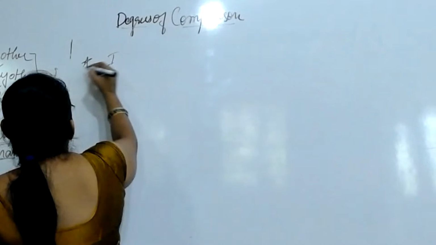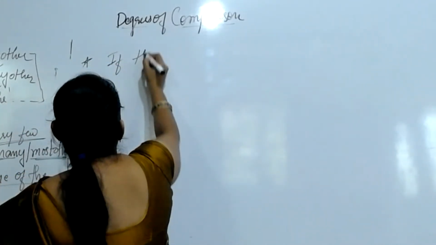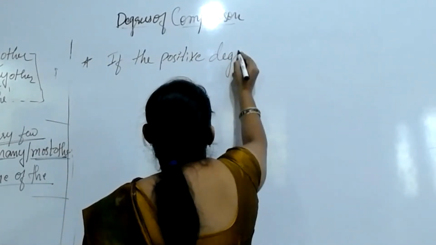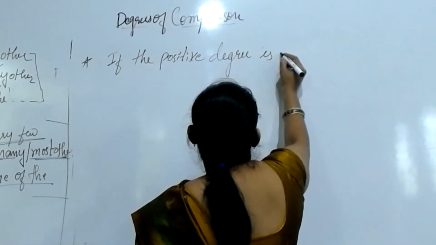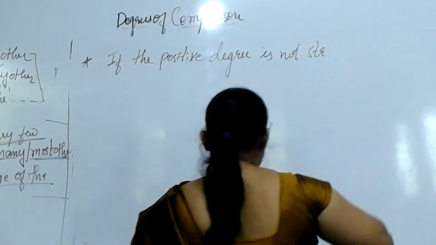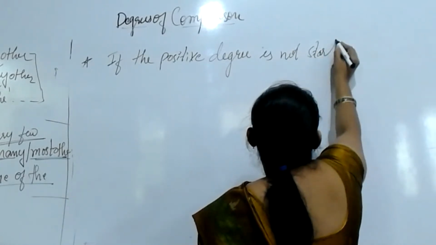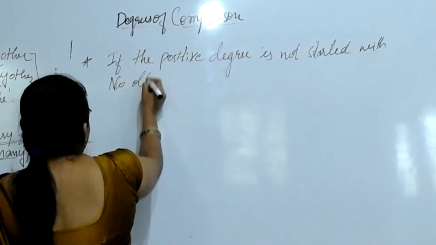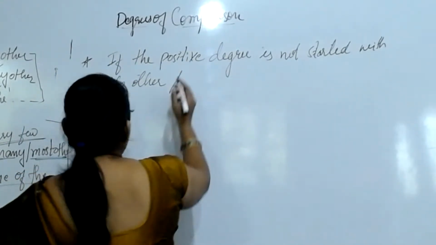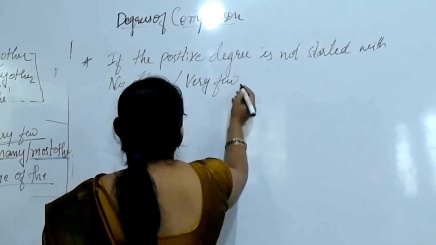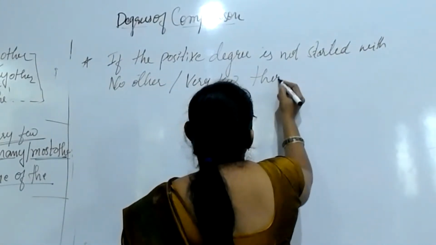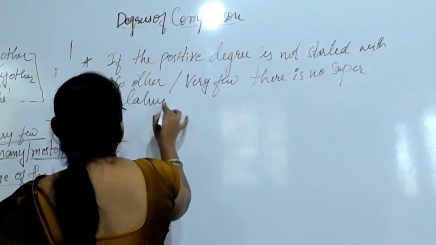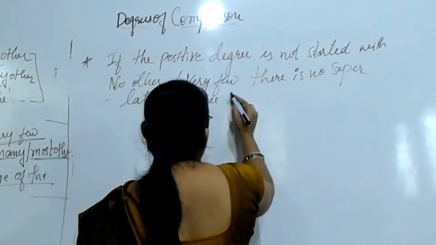If another rule, if the positive degree is not started with no other or very few, there is no superlative degree formed.